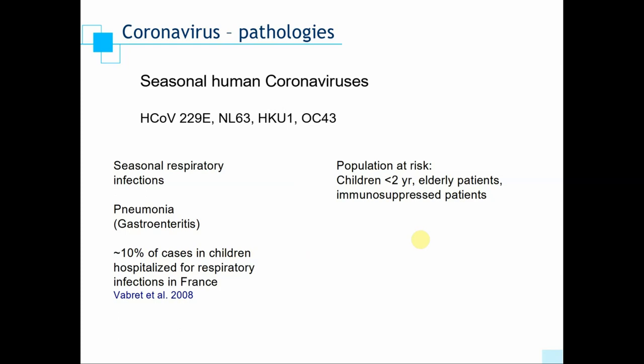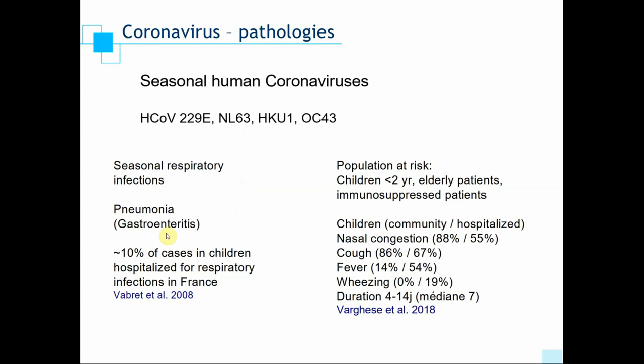Right, so seasonal human coronaviruses. Normally, it's not going to cause anything that is problematic, okay? Most people catch these viruses several times in your lifetime, and they'll give you just a mild cold. But they can cause pneumonia, okay? And the population that's at risk for a severe form are children under 2 years old, elderly patients.